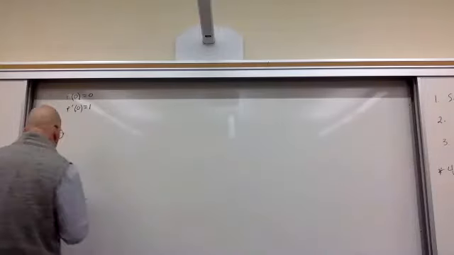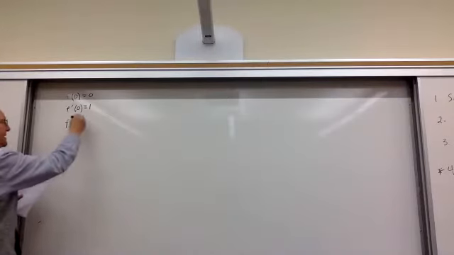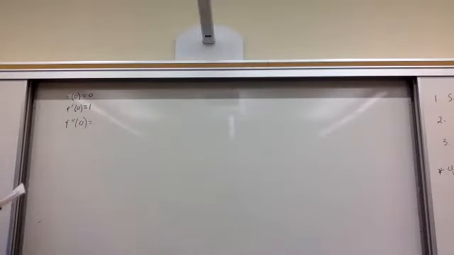If f prime of 0 is 1, I'm going to follow the guideline here. So the double prime would be -1 times the previous derivative at 0.